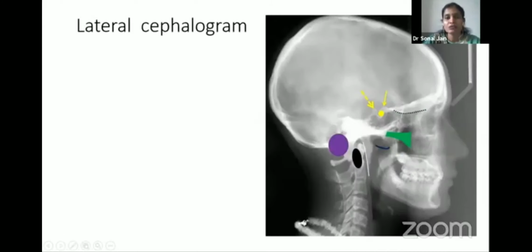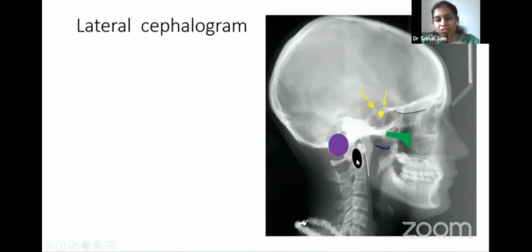Next, the lateral cephalogram, that means the lateral side of the skull, face, and neck region. We can see the yellow one is the sella turcica, where the pituitary gland is situated. This green structure is showing the attachment of the lateral pterygoid muscle. Here is the mandibular notch.